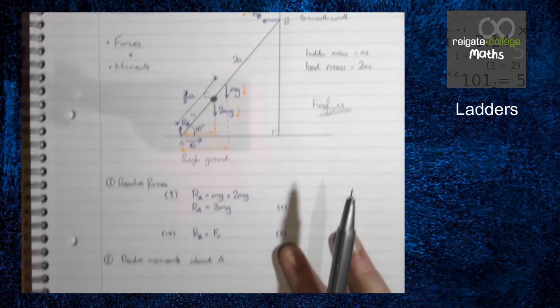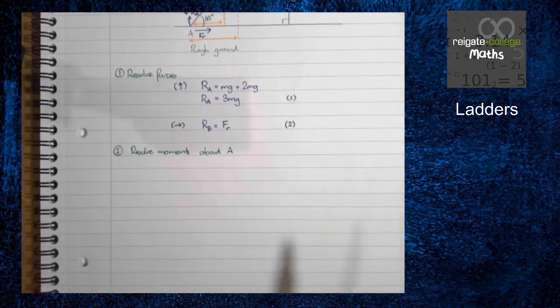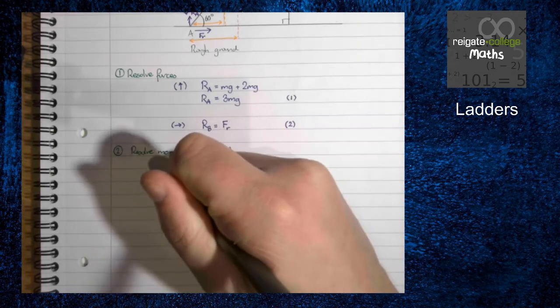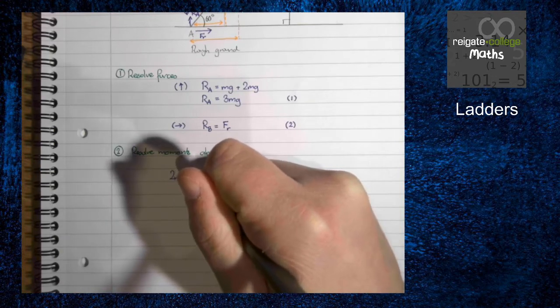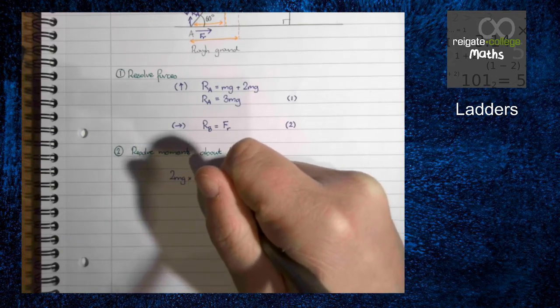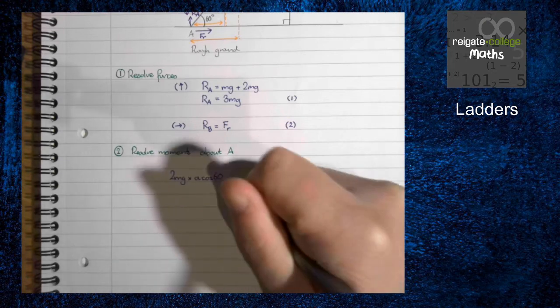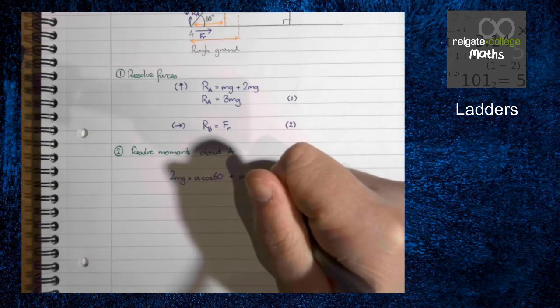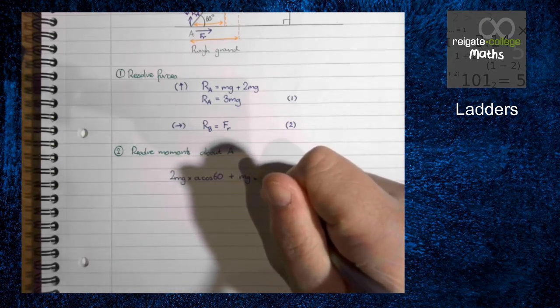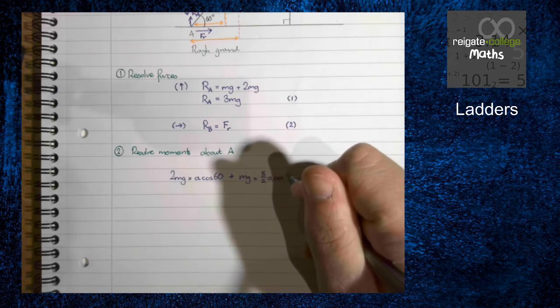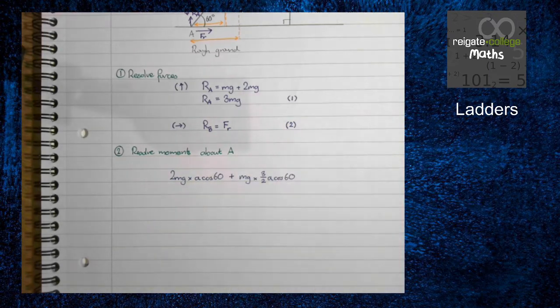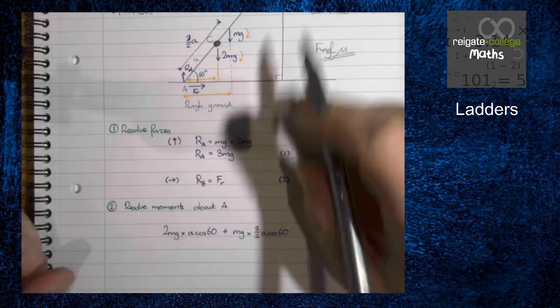So we know our clockwise moments. We know that 2mg times A cos 60 plus mg times 3 over 2 A cos 60 are the clockwise moments.